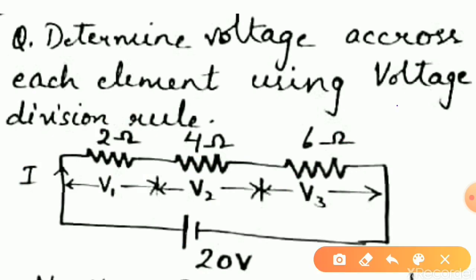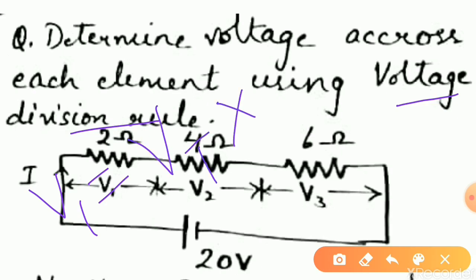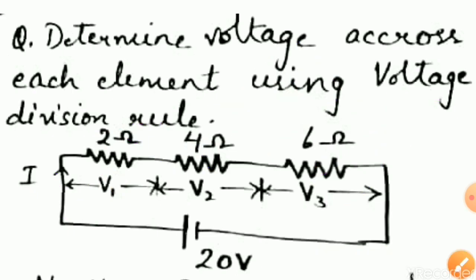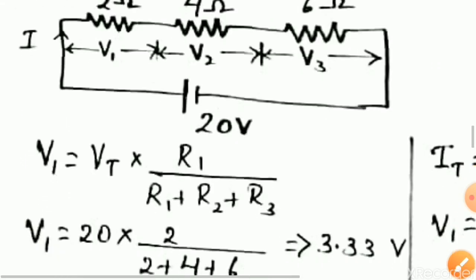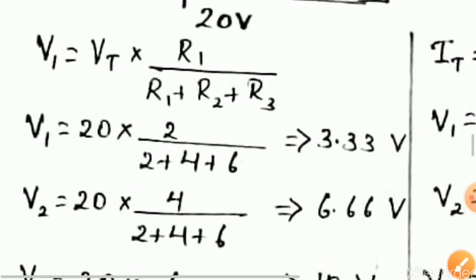We all know the equation for the voltage division rule, that is V1 is equal to V total into R1 upon the summation of resistors. Similarly for V2 and V3. Let us have a look.